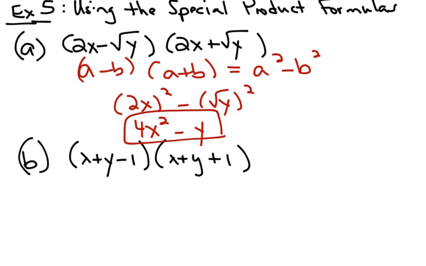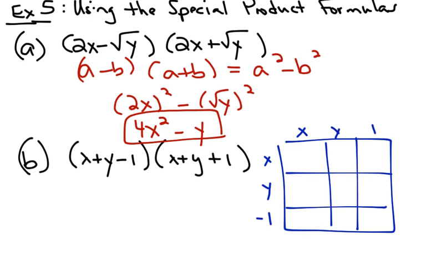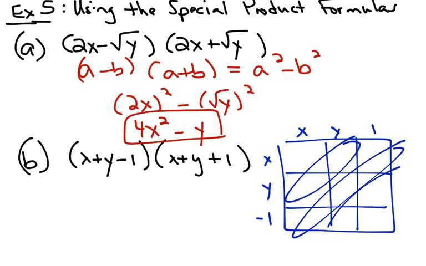For B, it really is a special product. However, if you don't recognize it as a special product, you can always go use the box method. That's the one I would have done: x, y, negative 1, x, y, 1, and then multiply it out that way. The diagonals would be where your like terms are.